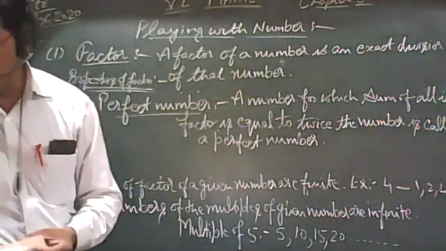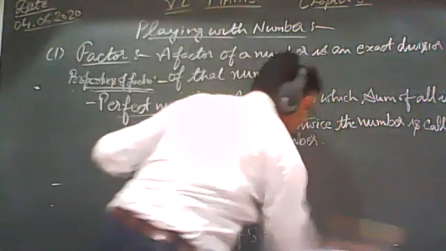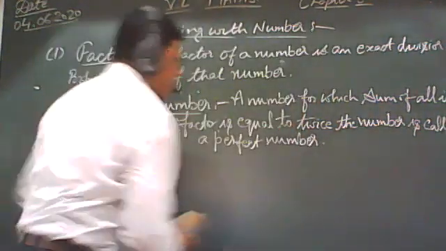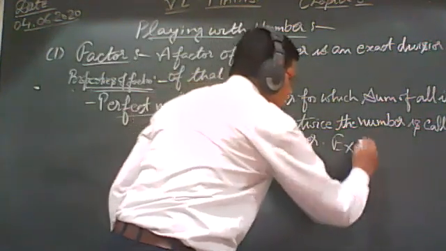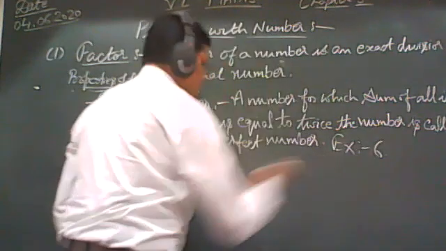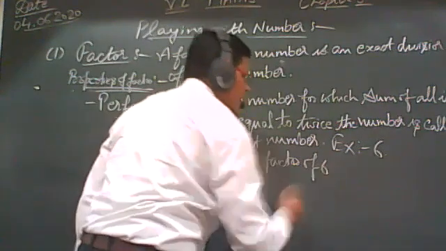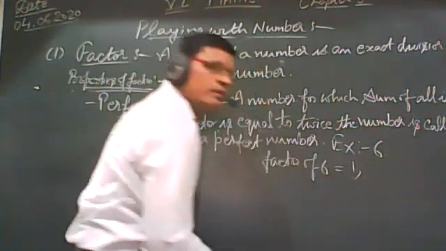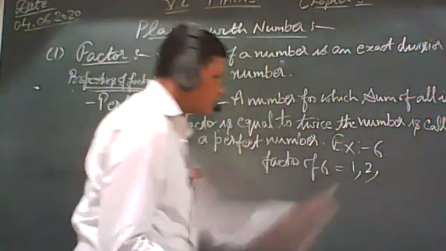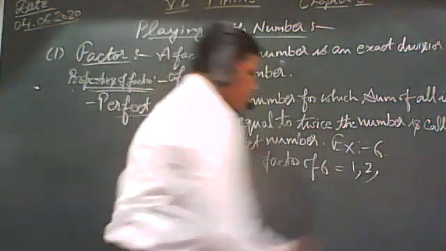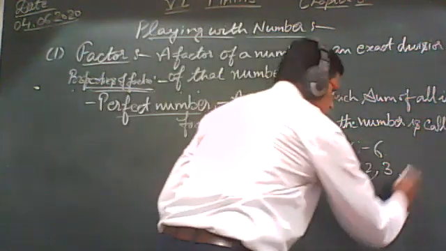Let us take the example 6. The factors of 6 are 1, 2 (2 exactly divides 6), 3 is also a factor of 6, and 6 also.